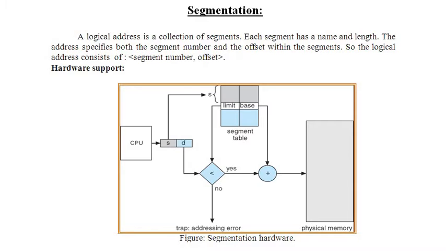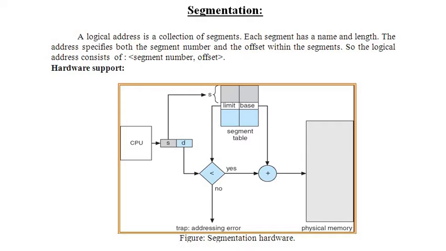What will happen here is the segment number is sent to hardware called a segment table. The segment table contains two things: one is a limit of the memory and the other is the base. The base always contains the starting address of the memory, and limit is the size of the memory.